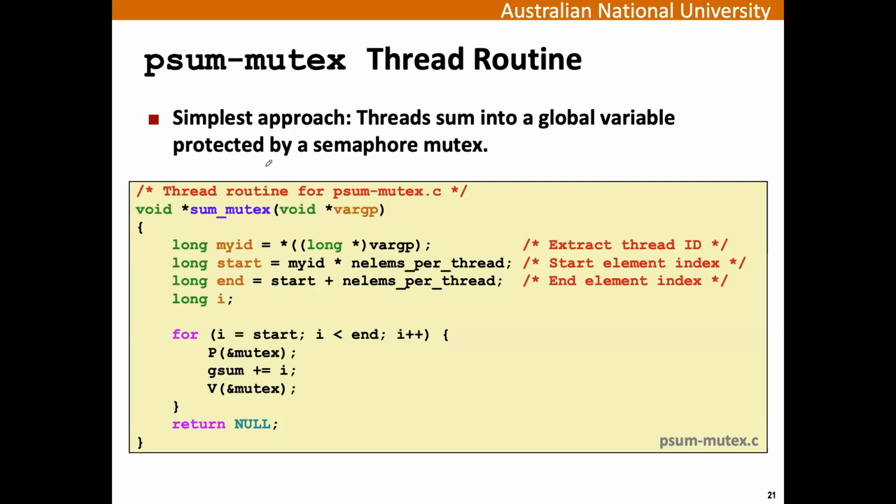You can imagine that this global sum variable is just ping-ponging between cores. Every core is saying, give me the latest value of global sum, and then it's writing, and then every core sees the new value. And this has a lot of cost.